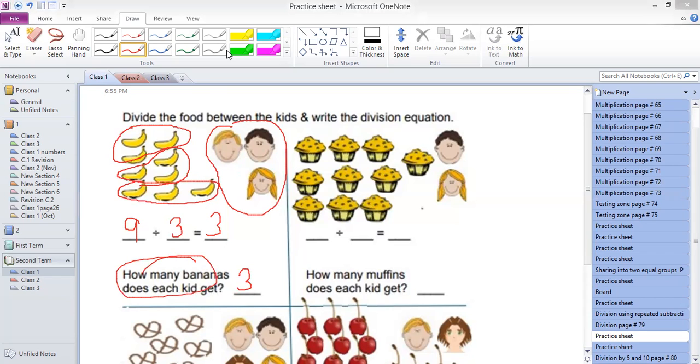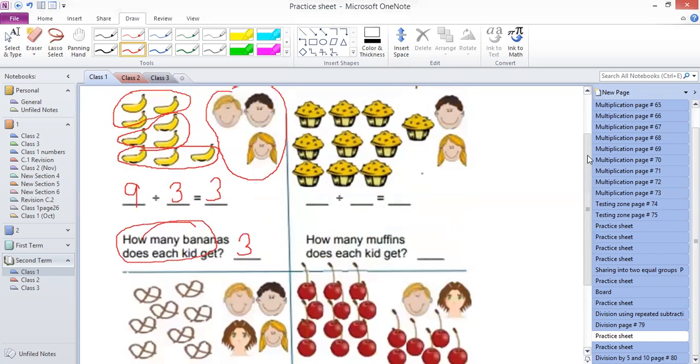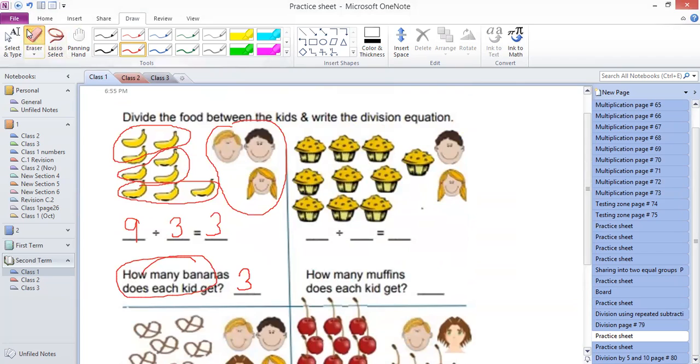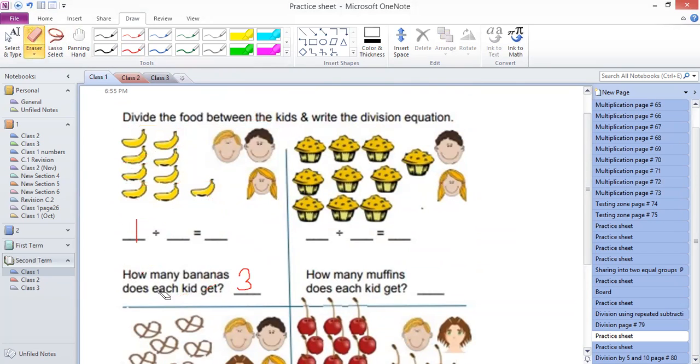Yes, sir. Good. After Fahad, this is Faris. Faris, divide the cakes into two kits. 1, 2, 3, 4, 5, 6, 7, 8, 9, 10. 10 cakes.